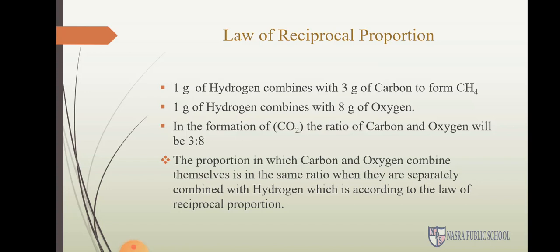In the formation of carbon dioxide, when carbon and oxygen combine with each other, the ratio of carbon and oxygen here will be 3:8. The proportion in which carbon and oxygen combine themselves is in the same ratio when they are separately combined with hydrogen, which is according to the law of reciprocal proportion.